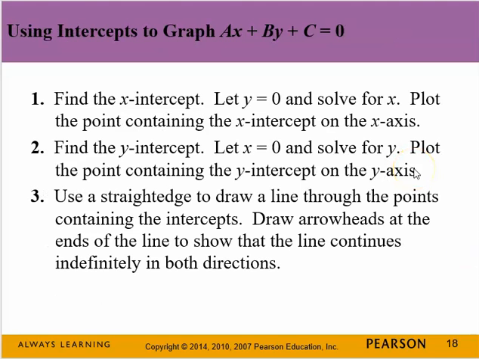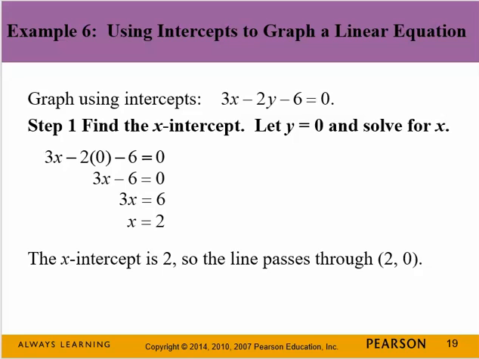Now, here in our text, they give us a protocol for finding the intercepts to graph when it's in standard form. I'm going to go to the whiteboard and show you my method here. And I just want you to see where this is coming from. So we have 3x minus 2y.